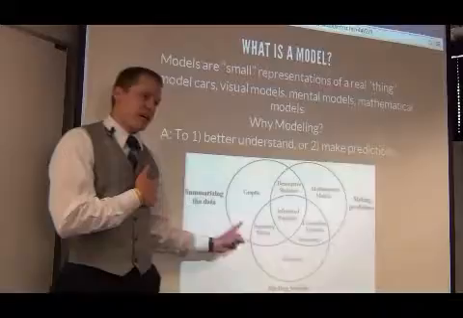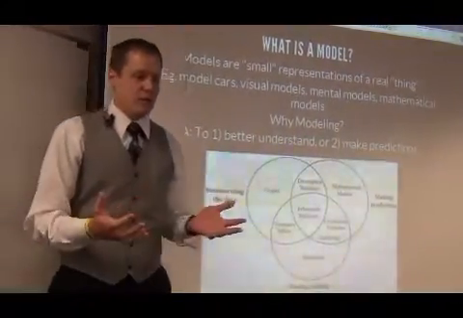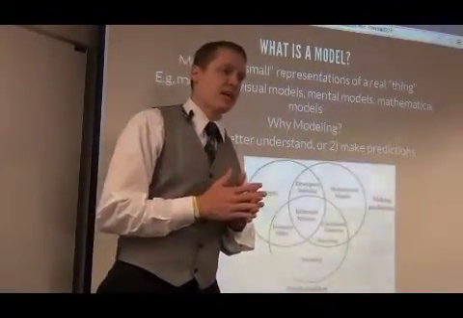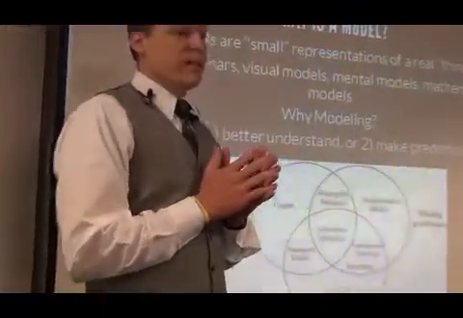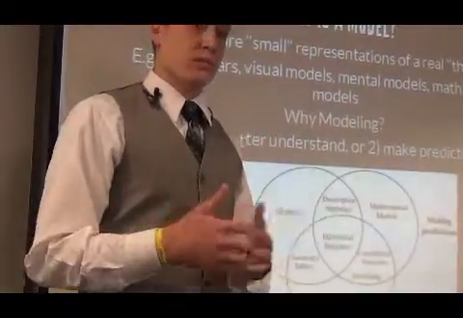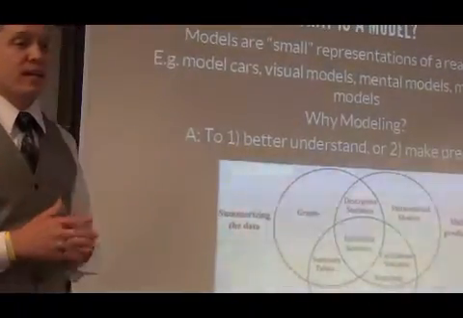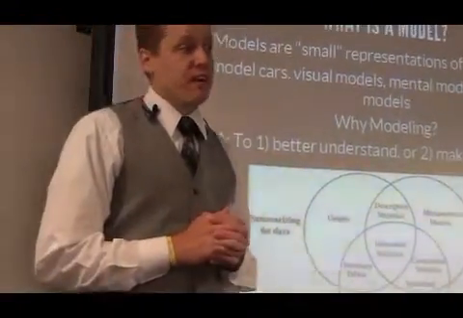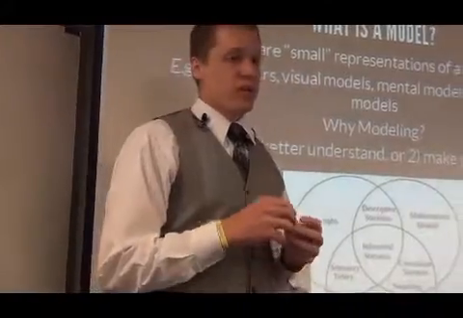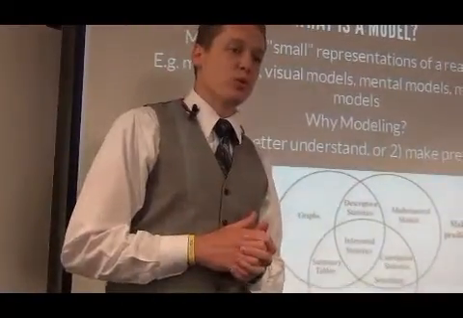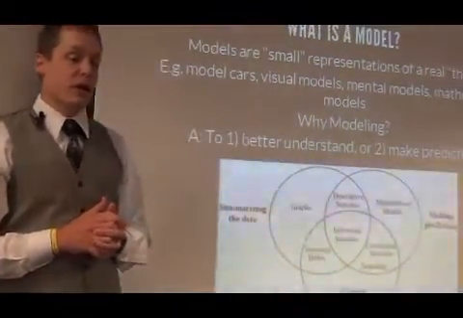Both of those objectives I would put together to say that sometimes what we want to do is describe the world, describe how something works, or describe what kind of data we can find. So description is one of the main reasons we use modeling.